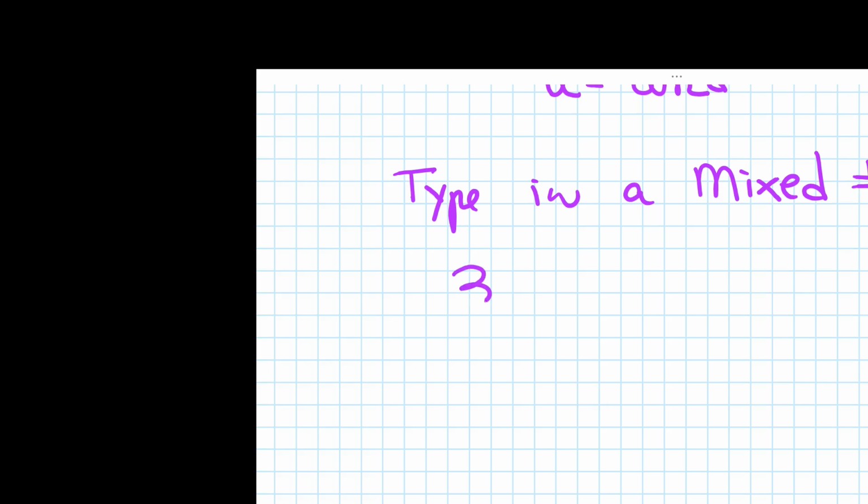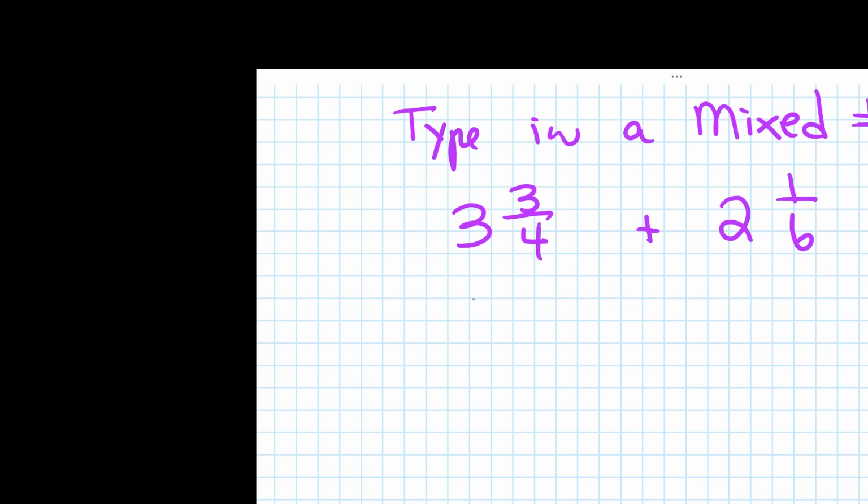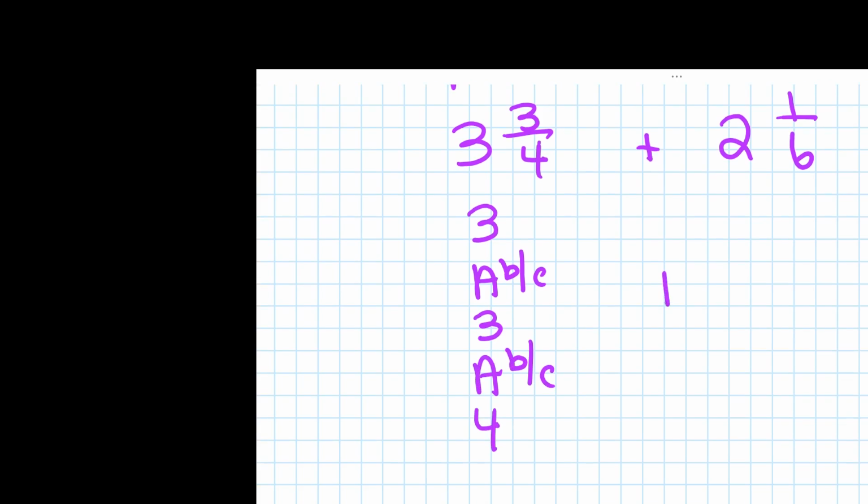So if I wanted to say 3 and 3/4 plus 2 and 1/6. Everybody watch. This is going to be 3, fraction button 3, fraction button 4, plus 2, fraction button 1, fraction button 6, and then you hit your equal sign.